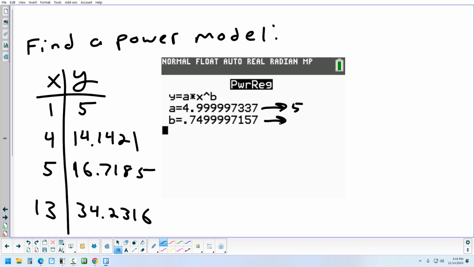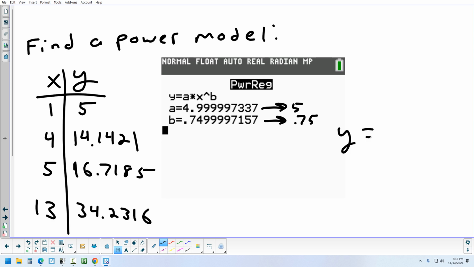And B should be rounded to what number? 0.75, right? It's 0.7499997. It's very close to 0.75. If you write 0.75 or you put 3/4, I'd accept either answer.